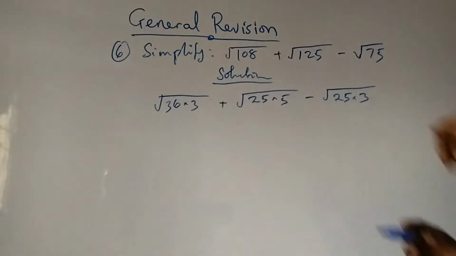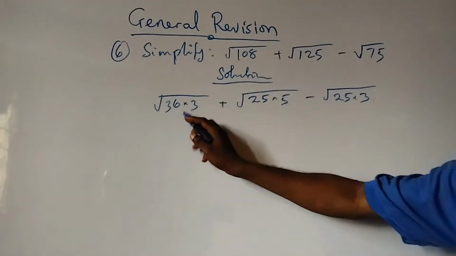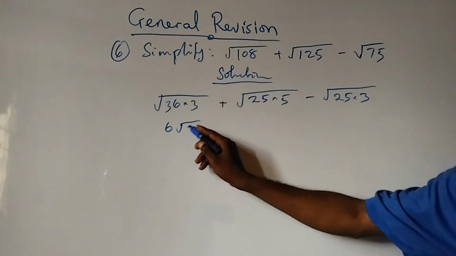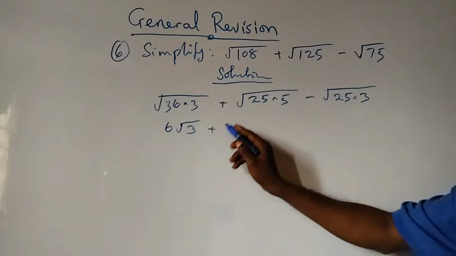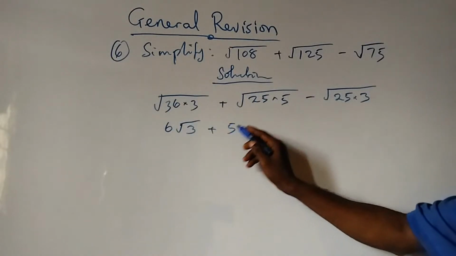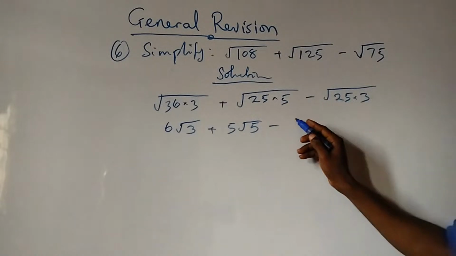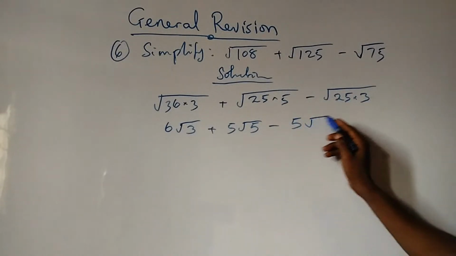And when we separate this here, root 36, that's 6, we take it out, that's 6 root 3. Then plus root 25, that's 5, that's 5 root 5. Then minus also root 25, that's 5 root 3.